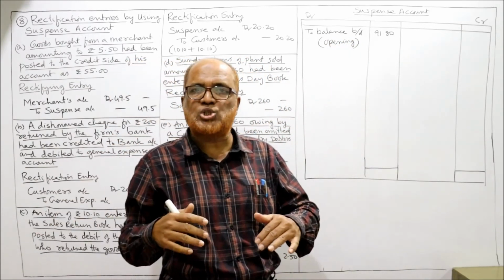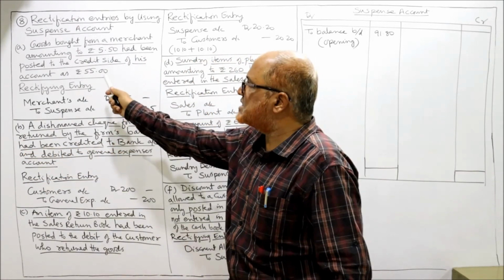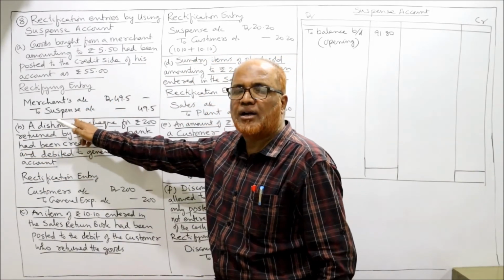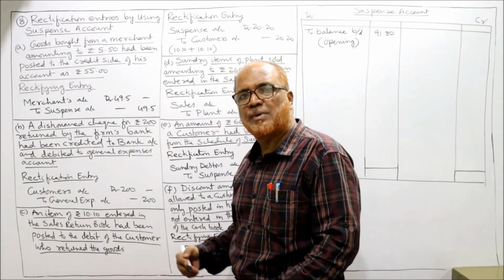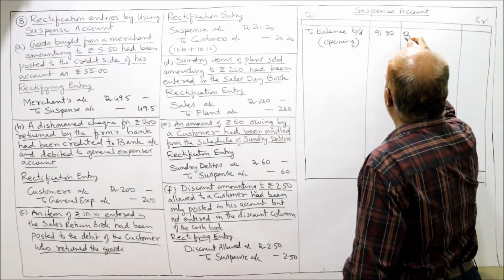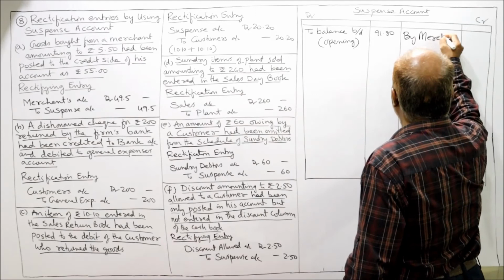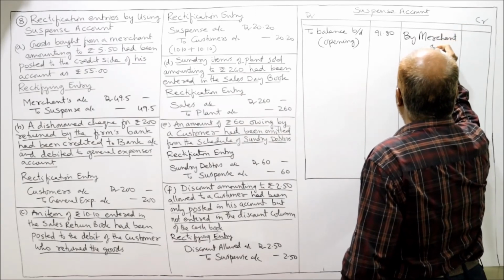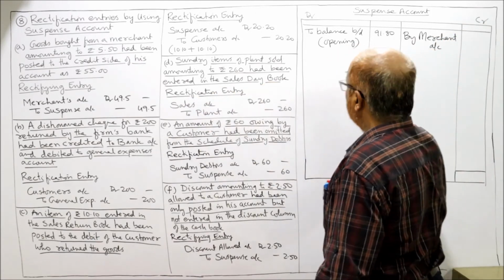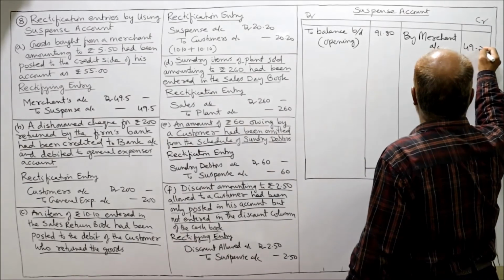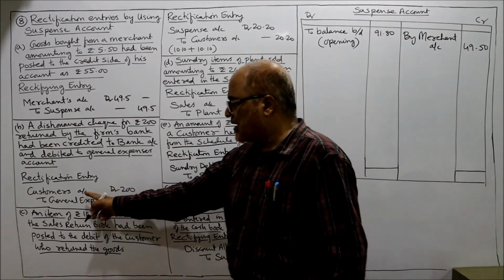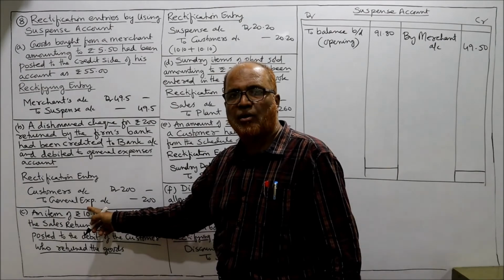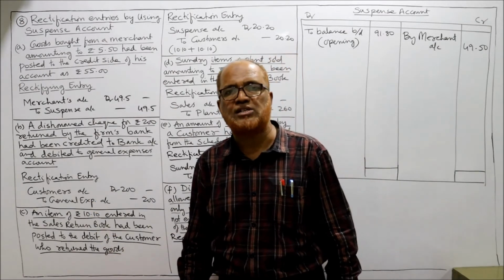Now we make posting of all the entries. The first entry is merchant's account debit to suspense account. So suspense account is credited by merchant's account. How much? 49.50. Similarly, second entry, customer account debit to general expenses account. In this entry, we don't have suspense account.